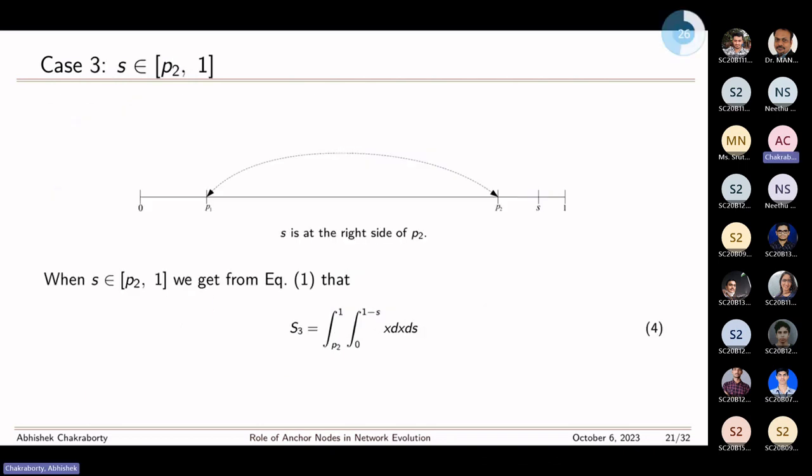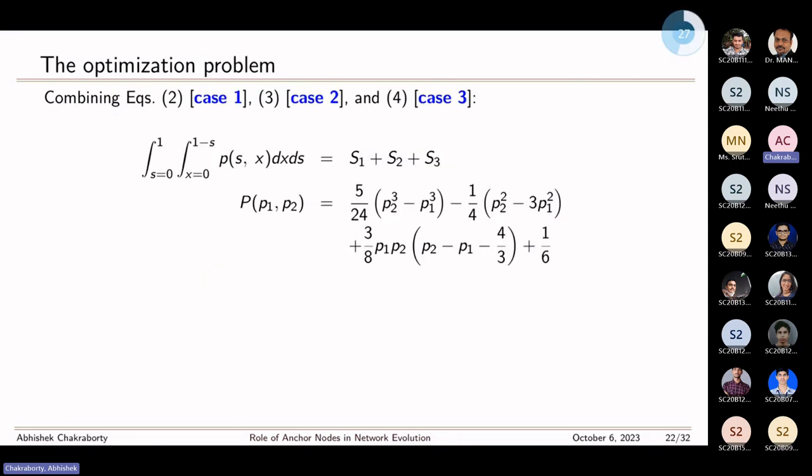Likewise, the third segment, when S is on the right side, is very simple. There is only x dx ds, nothing else, because it cannot use anything. It will always be on the right side. So now we have three segments, S1, S2, and S3. We add all those three segments to get the actual PSX value, and this is the equation.